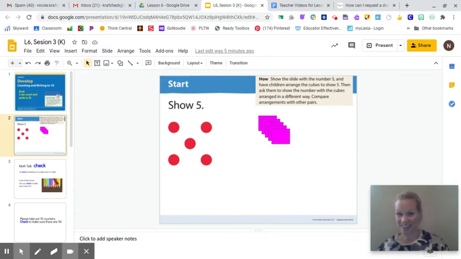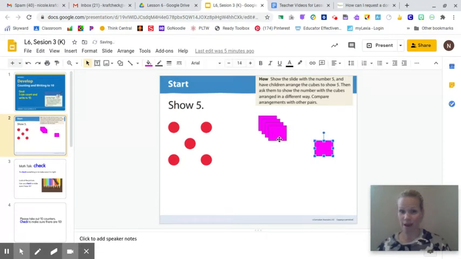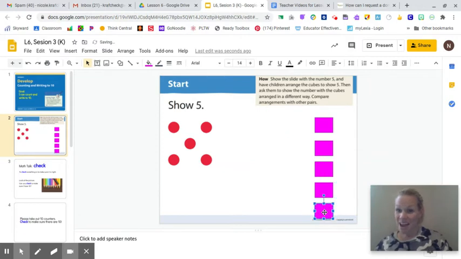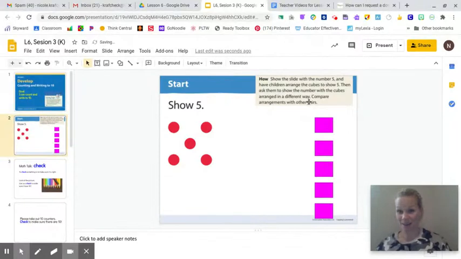All right, welcome back. Let's see, I'm going to quickly arrange my 5 another way. Let's see if maybe we came up with a similar way to arrange our 5. So if you take a look, friends, what am I doing with my 5? You're right, I'm putting them in this long column here.